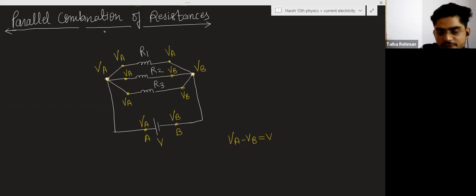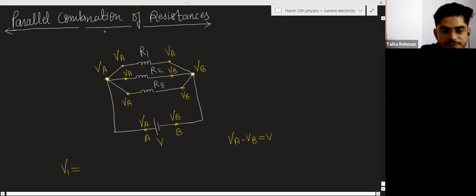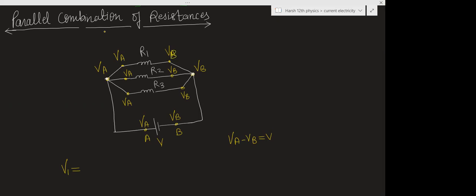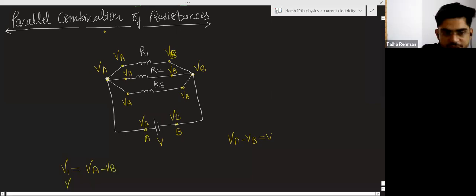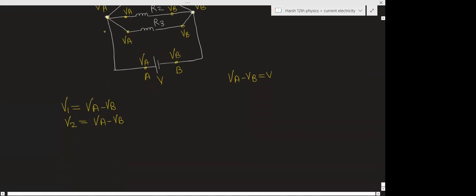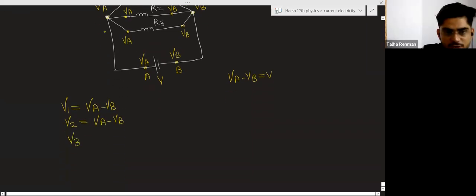But when you move from here to here, if you want to calculate the potential difference or the voltage across R1, how will you write it? VA minus VB. Potential difference across R2, VA minus VB again. Potential difference across resistance 3, VA minus VB.